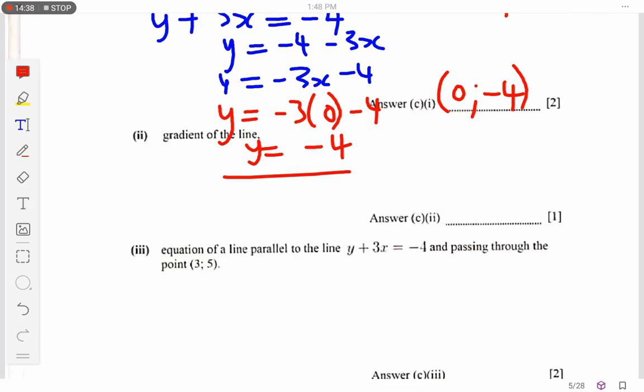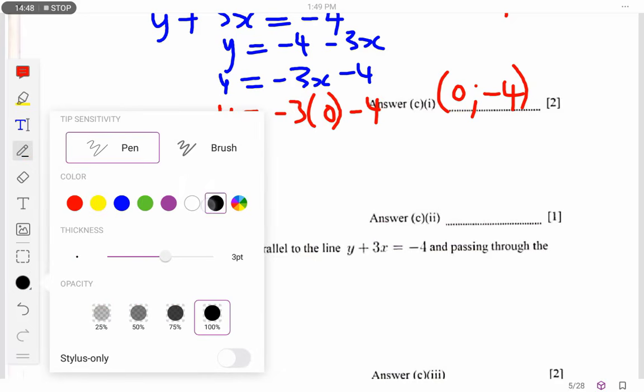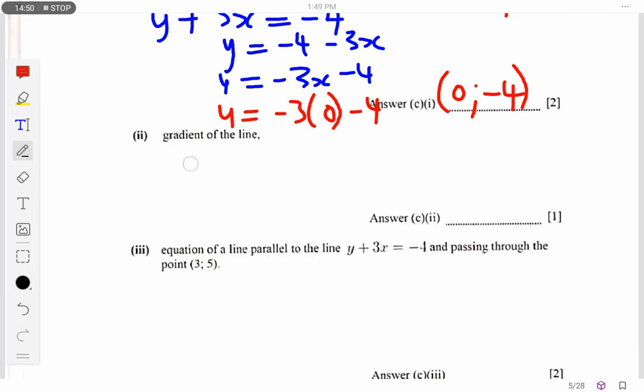Now they are asking us to find the gradient of the line. Basically, our equation was y is equal to minus 3x minus 4.